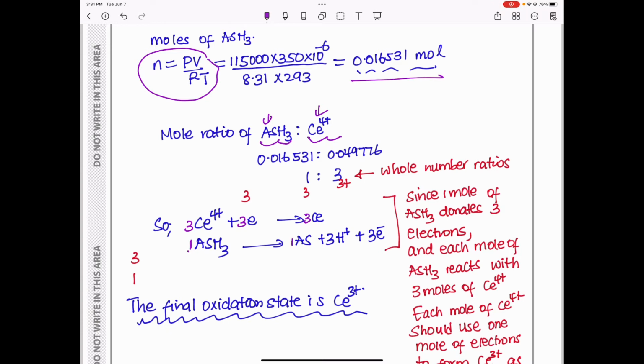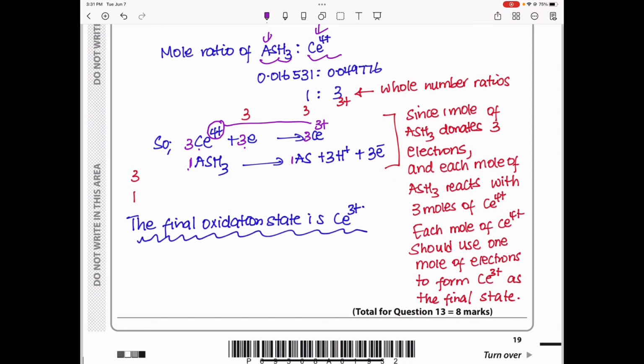If there are 3 gaining 3 electrons, each of these is going to go from +4 to +3, because there are 3, each in +4 oxidation state, each gaining 1 electron. The resulting oxidation state is going to be +3. So that's why here I say the final oxidation state of that is going to be +3.